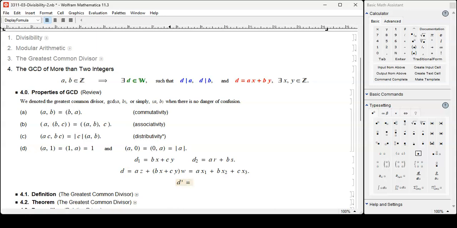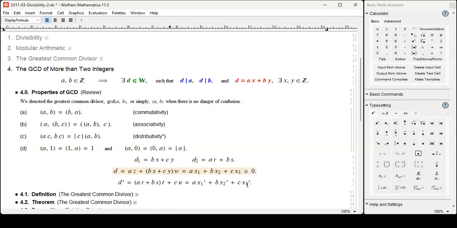So that's AR plus BS, and then something still different. Oh my goodness, T plus, and then C RSTU, all right? And then eventually you're gonna get A x1 prime, B x2 prime plus C x3 prime.